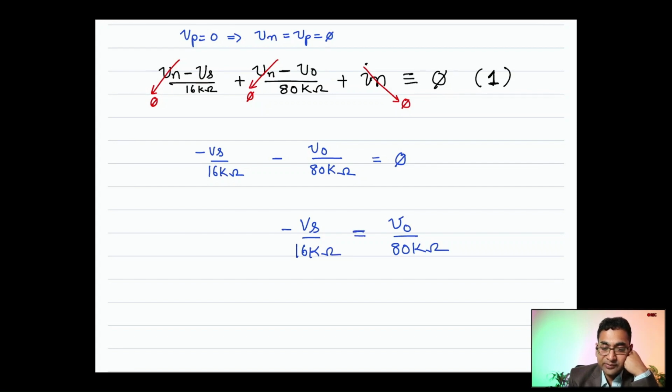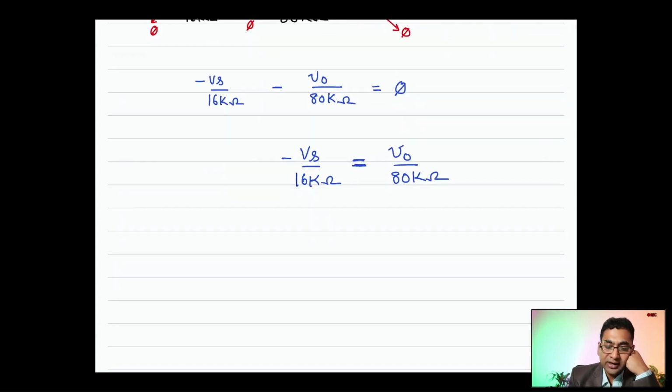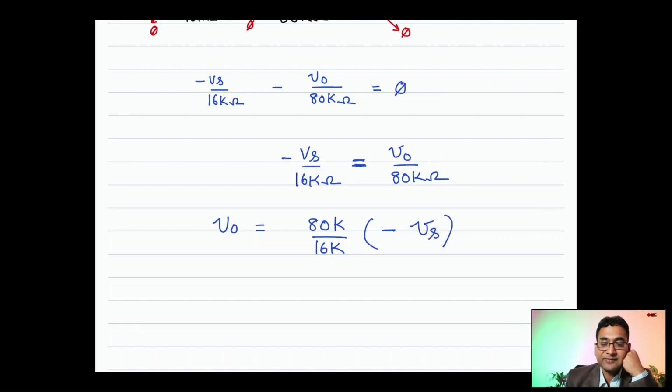So it turns out that VO really is 80 kilo ohms by 16 kilo ohms multiplied by negative Vs.